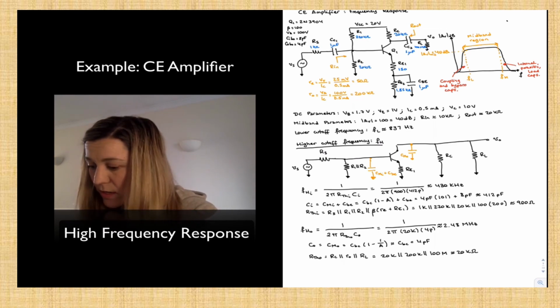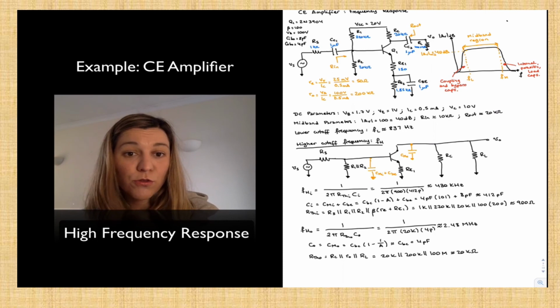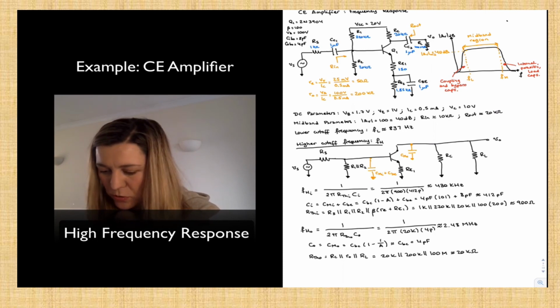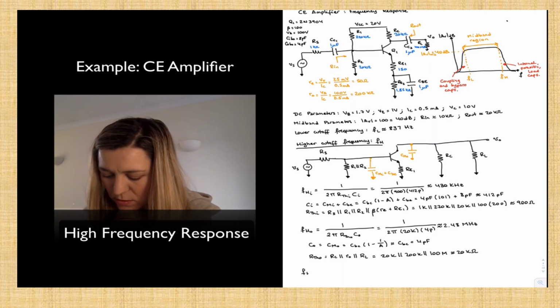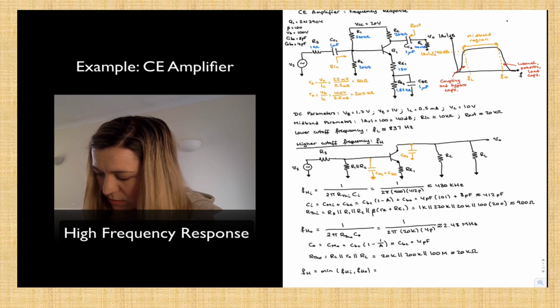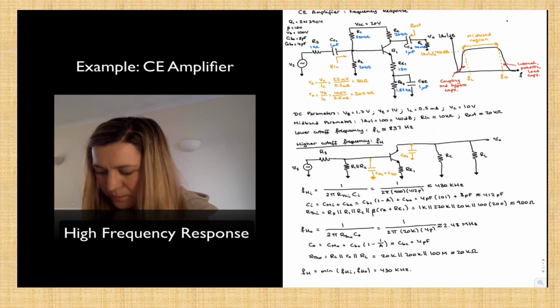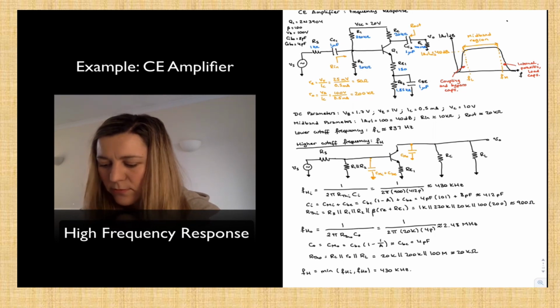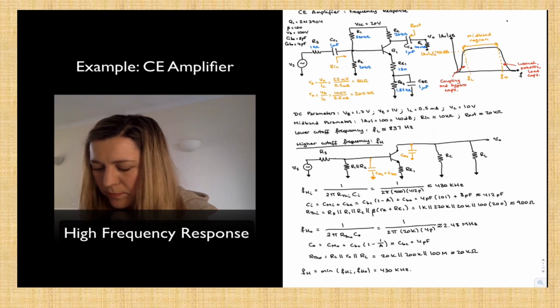All right, and now, just like we did before, we are going to use the dominant pole approach, and so we're going to approximate the high cutoff frequency as the minimum of FHI and FHO, which in this case is just FHI, which is 430 kilohertz. And that's it.